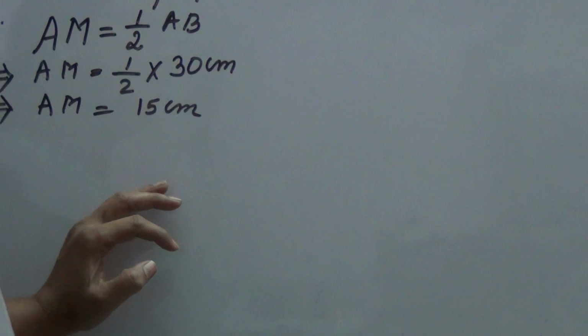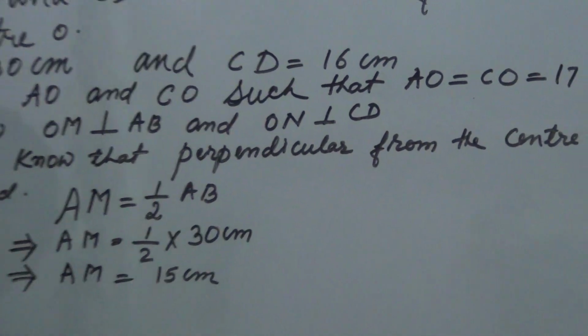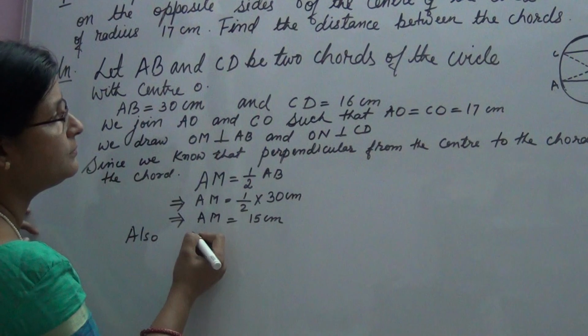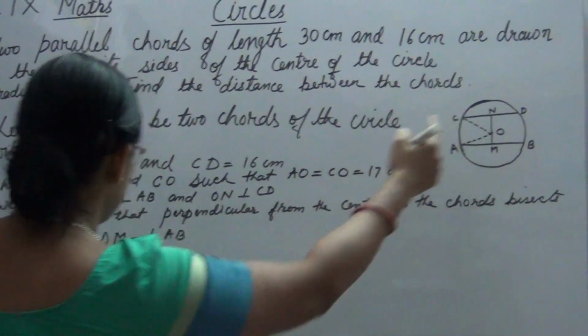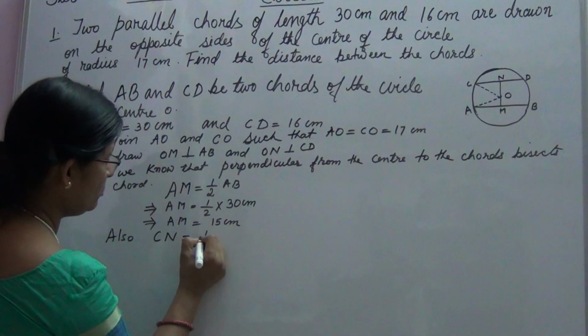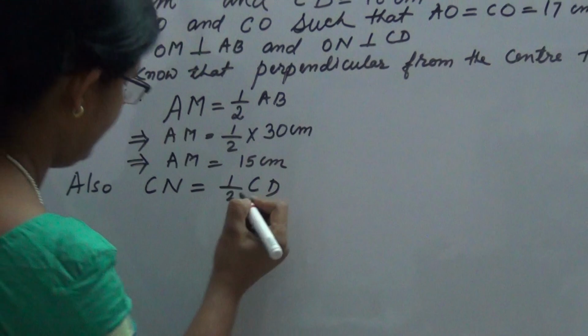At the same time, we can see that ON is also perpendicular to CD. So we can also write CN is equal to half CD.